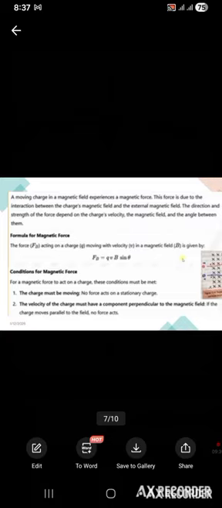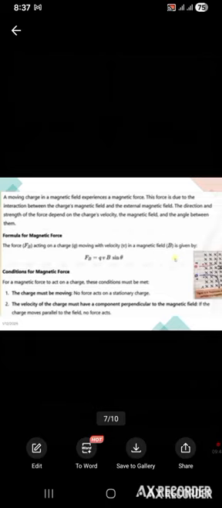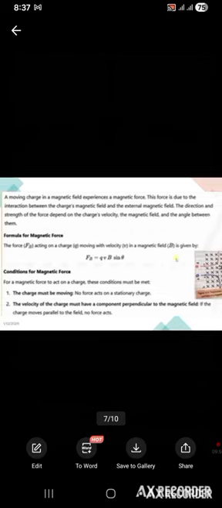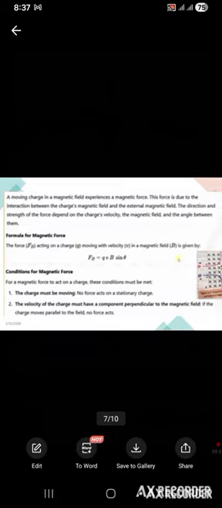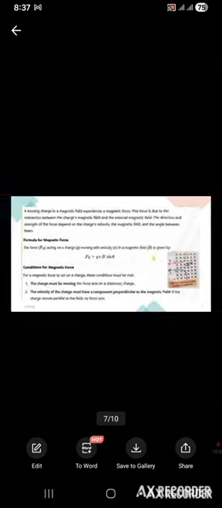No force acts on a stationary charge. If the charge is stationary, then no force will act on it. The velocity must have a perpendicular component to the magnetic field. If the charge moves parallel to the field, then no force acts, as I have discussed.